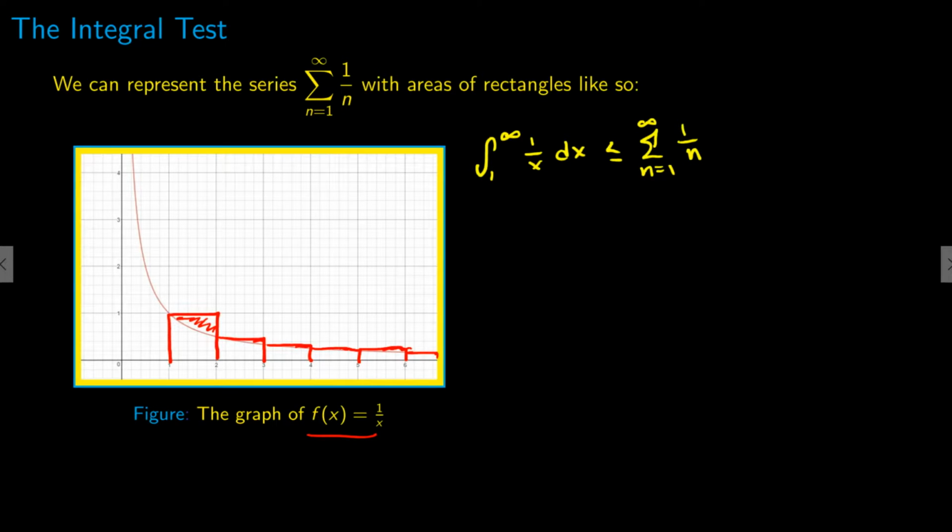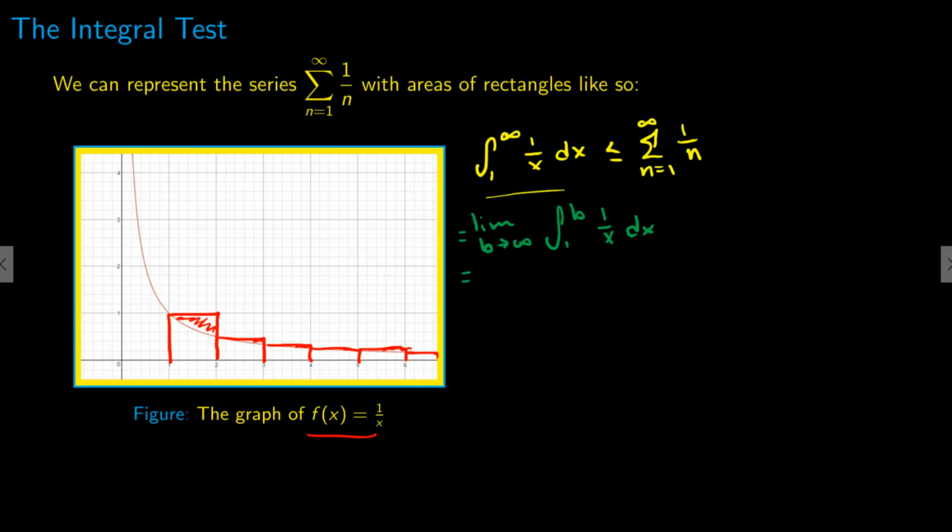And this is great because we know how to calculate this integral, so we might as well do it. This is going to be the limit as b goes to infinity of the integral from 1 to b of 1 over x dx.